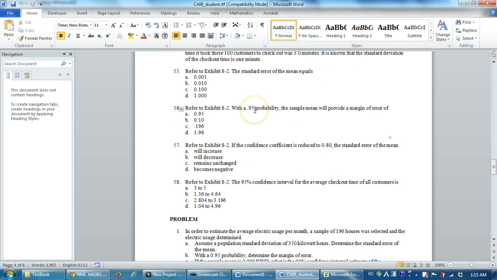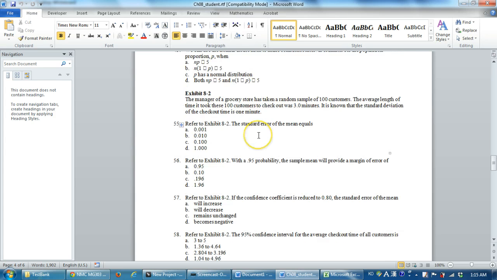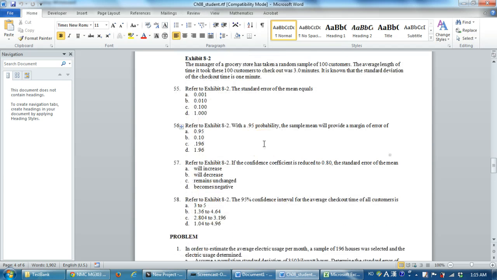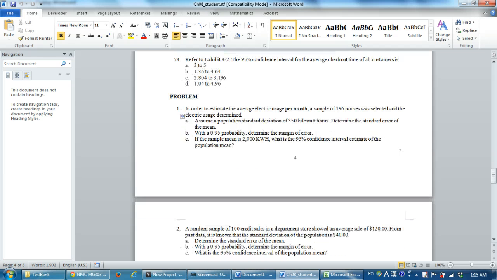So I'd like to just highlight the answers. 55 is answer C, pretty much straightforward, 56 answer C, 57 answer C, and 58 answer C as well. So why don't you walk through by yourself, and then we go to problems.